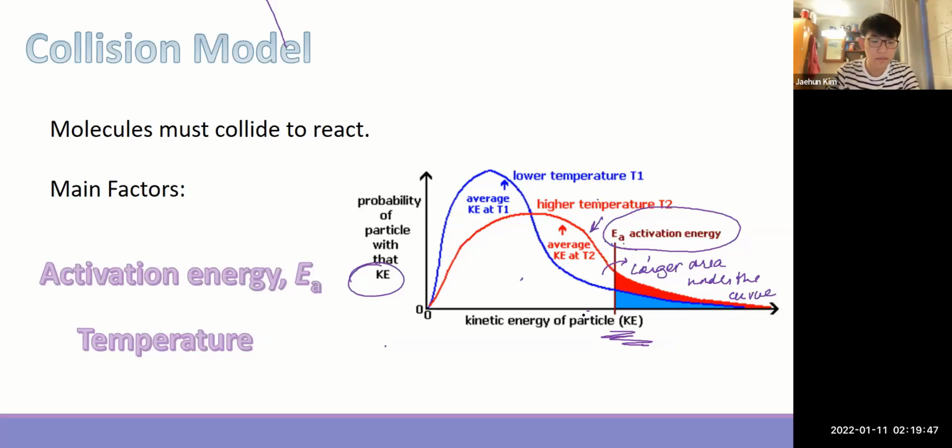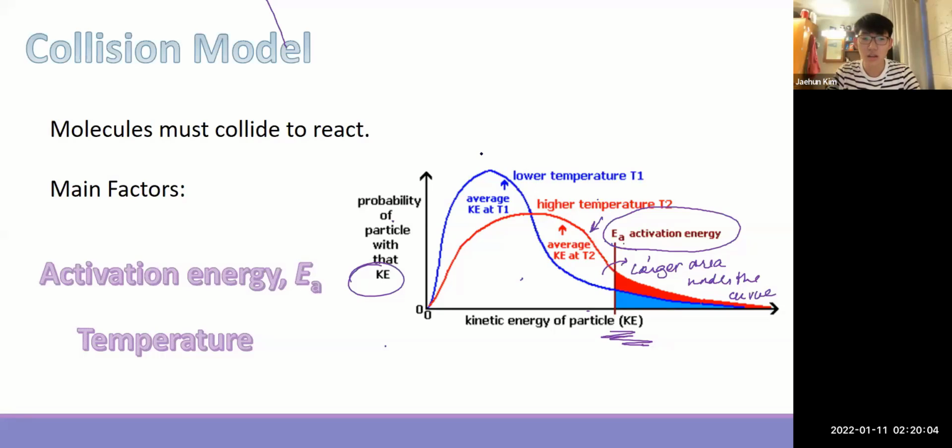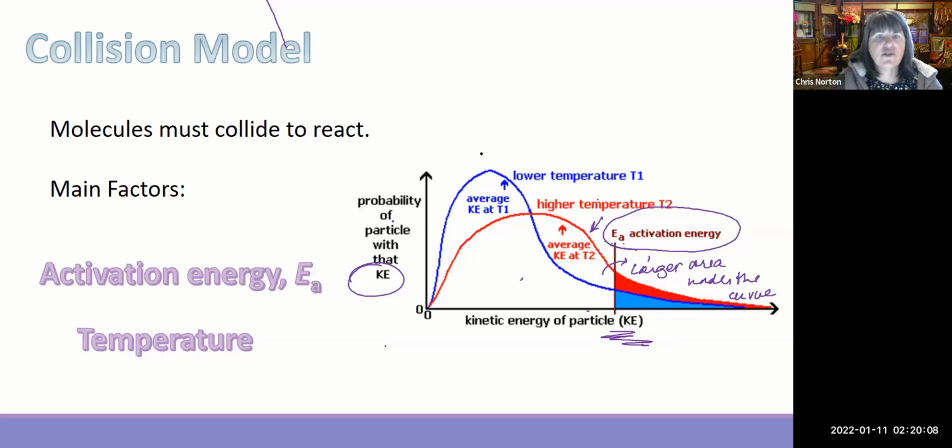I have a question. Yeah. Is activation energy like the energy required in the total system to react, or like the kinetic energy of each particle to react? Ooh, that's a good question. It's that of each particle as you go from reactants to products. So it's the energy to get the reactants to the products in a single system, in a single chemical equation.